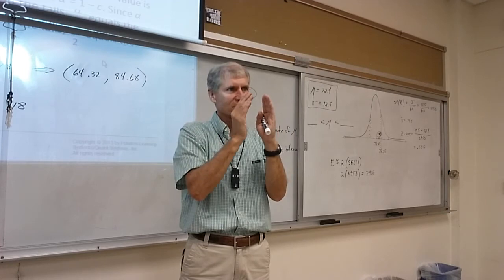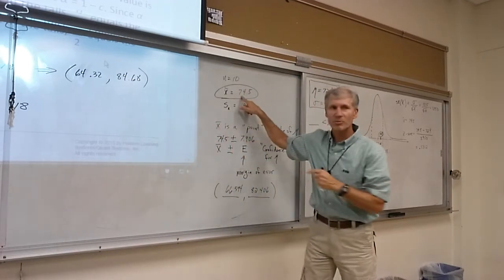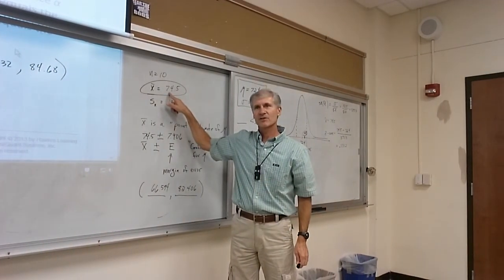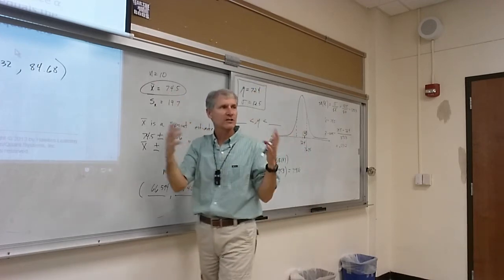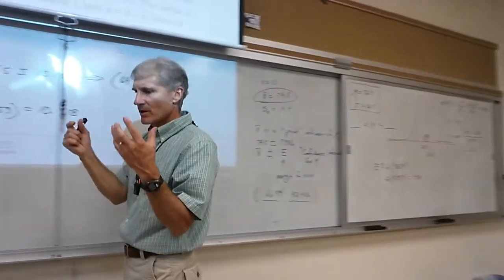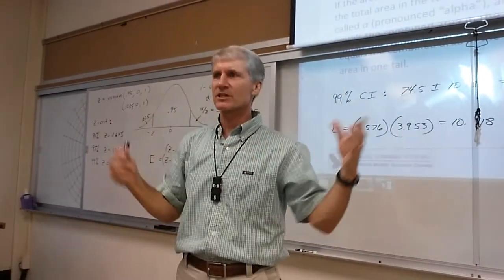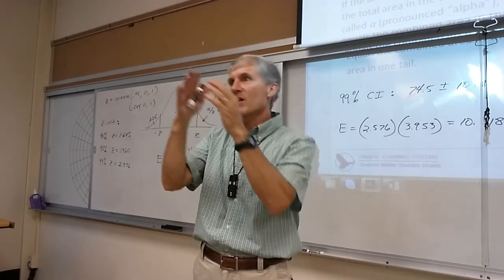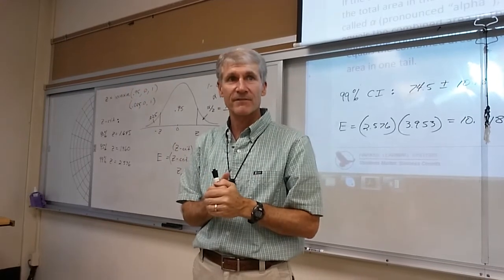Until eventually, if I shrink it all the way to nothing, I'm down to a single point estimate, and I'm 0% confident that the true mean is that. Right? So you need this idea of margin of error to give you a feel for the degree of precision there is in your point estimate. Here's my point estimate, but it's going to be off by no more than this. Right? That's confidence interval.